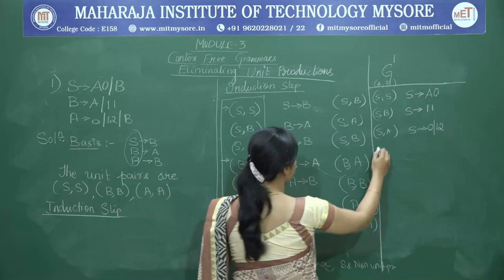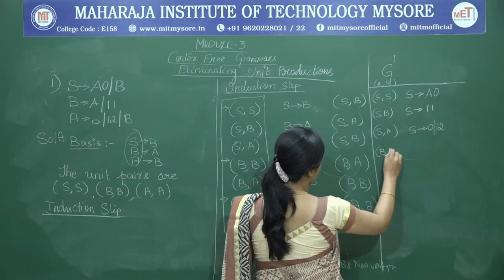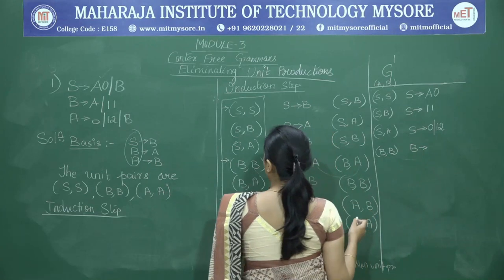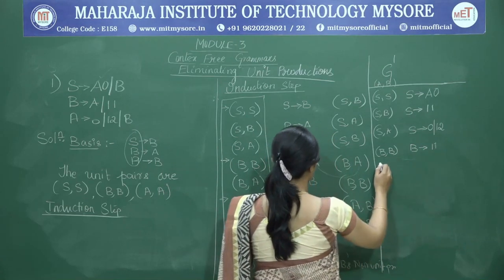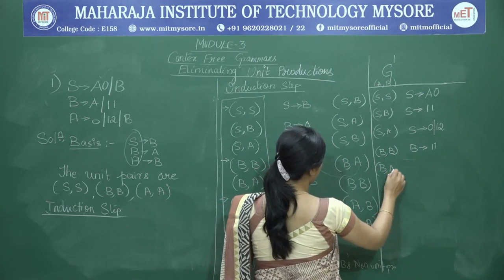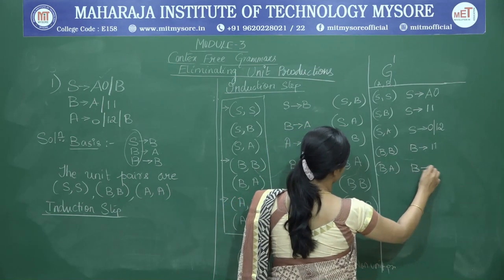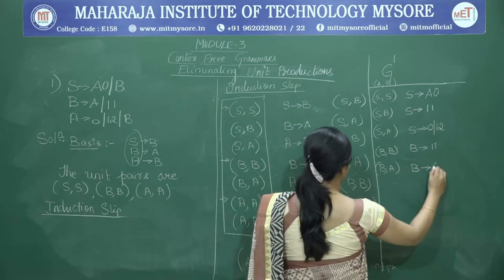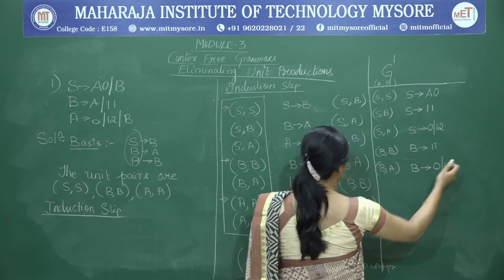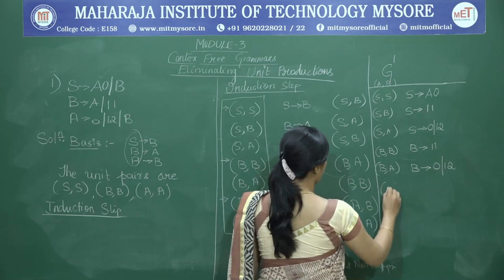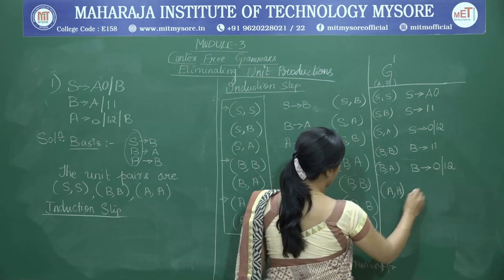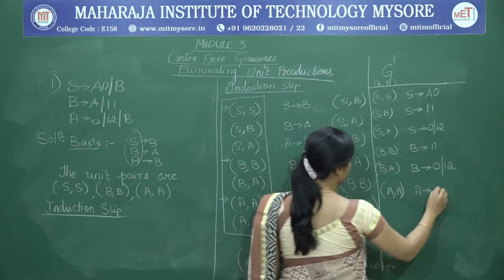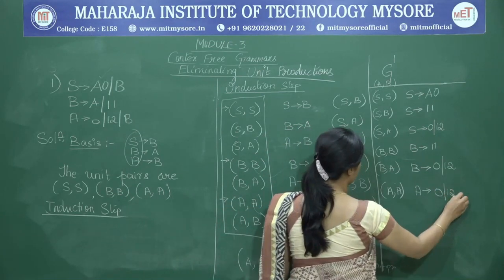Next we are going to consider B comma B. So B goes to B's non-unit production, which is 1 1. Next B comma A, we write B goes to A's non-unit production. A's non-unit productions are 0 and 1 2. Next A comma A. So A goes to A's non-unit production, 0 and 1 2.